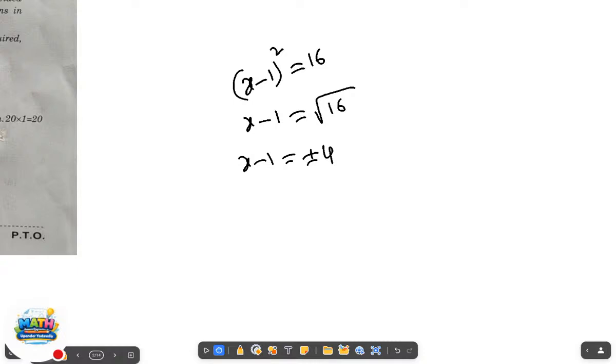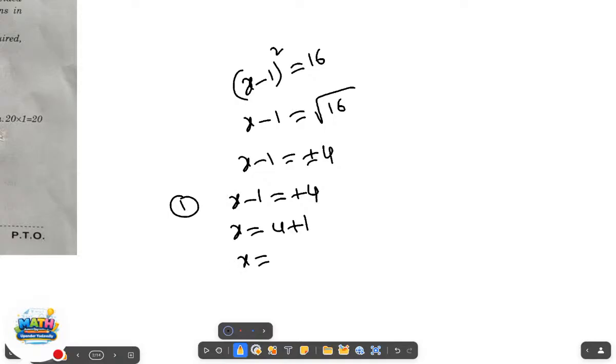Now let's take case 1. If x minus 1 is equal to plus 4, then what is the x value? Send minus 1 to the right side. Now x is equal to 4 plus 1, so x is equal to 5. So the first root is 5.